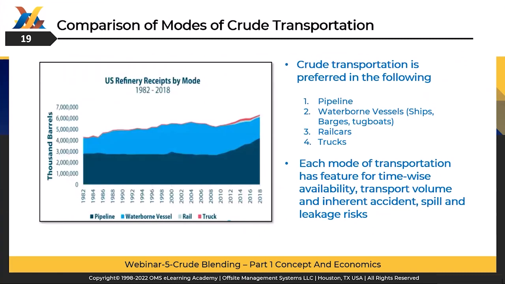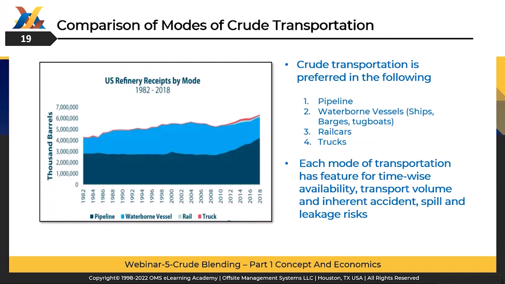So if you compare the modes of crude transportation, you can see the pipeline is still the prominent mode of transportation. Then come the waterborne vessels, ships, barges, tugboats, then rail cars, and trucks. Trucks are a small mode of transportation.